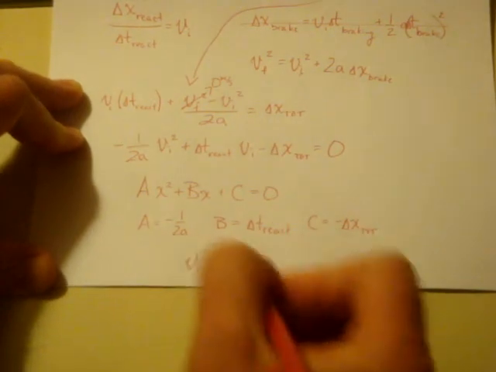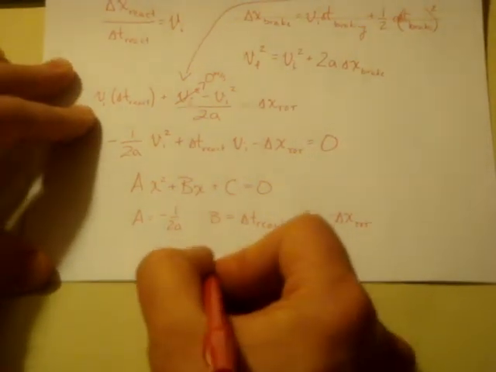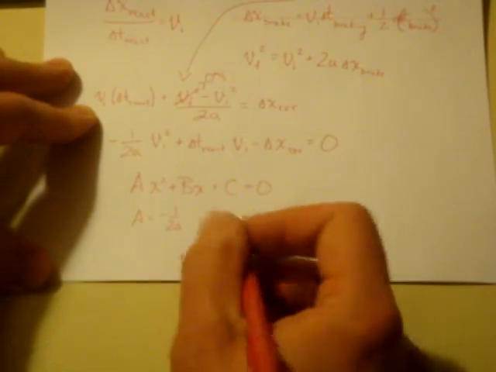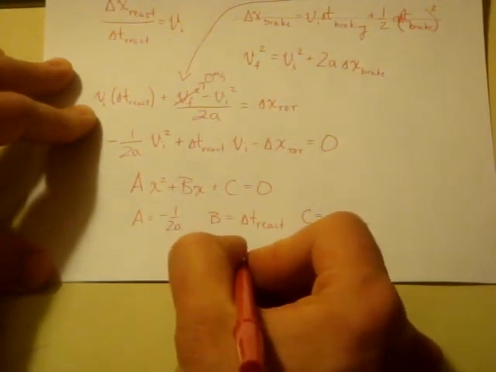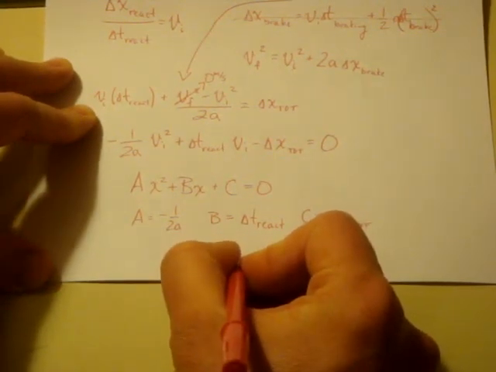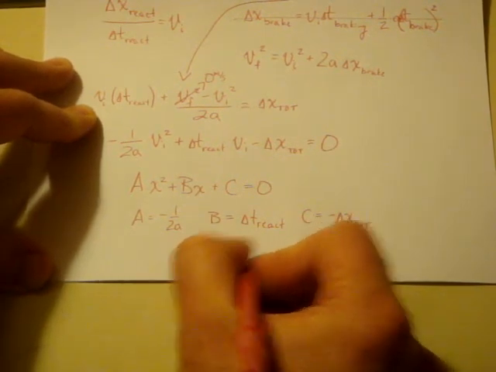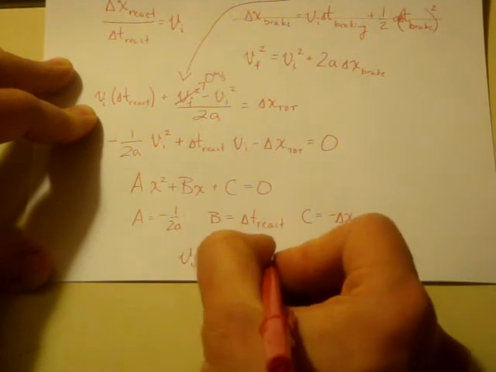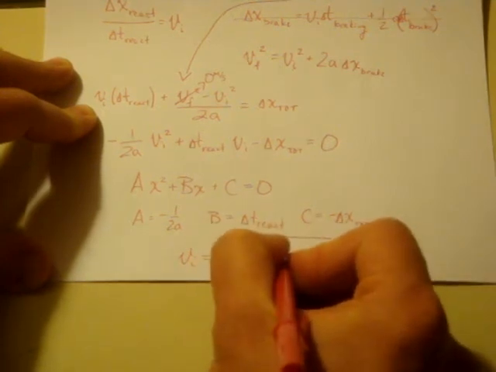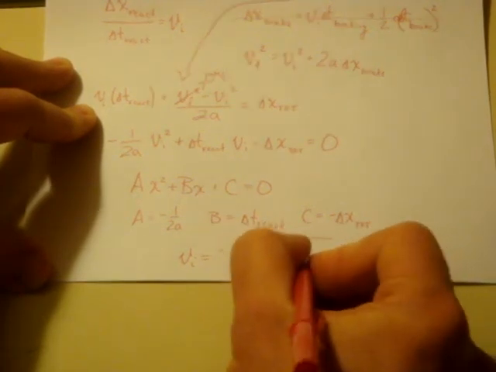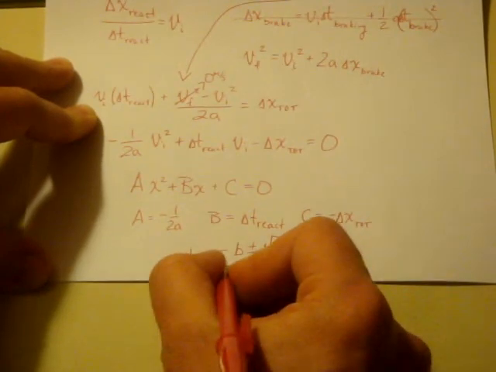So we can find solutions for the initial velocity that are equal to, oh my gosh, I can't remember what the quadratic formula is, minus b plus or minus the square root of b squared minus 4ac, divided by 2a.